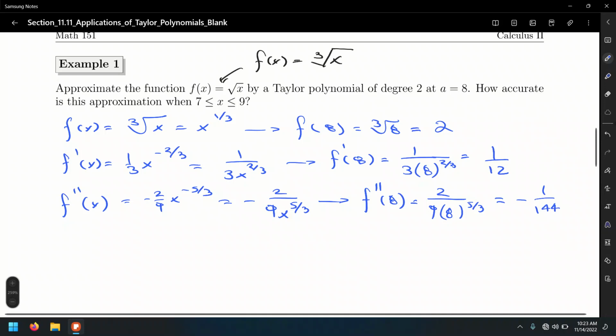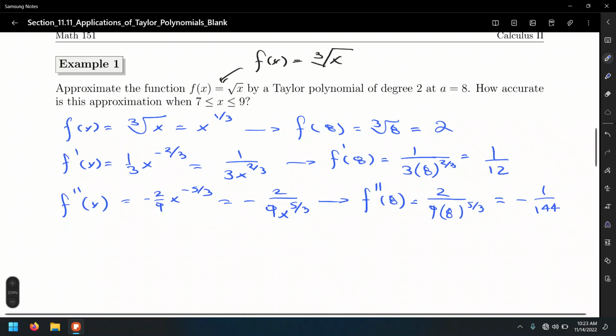Although they're only asking us for the second degree polynomial, for the error estimation, to study the accuracy in the interval 7 to 9, we need one more derivative, one more term.